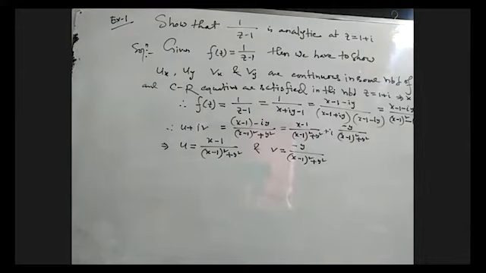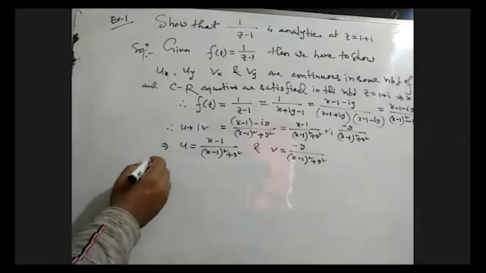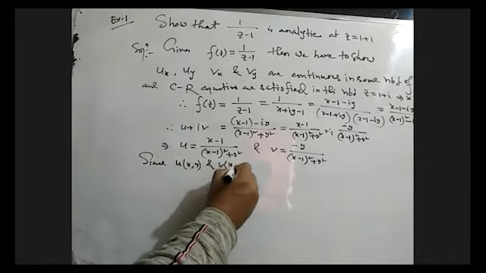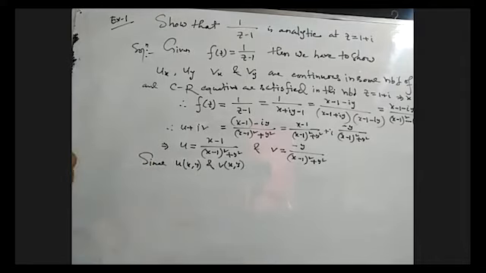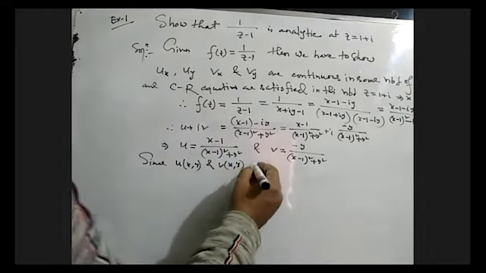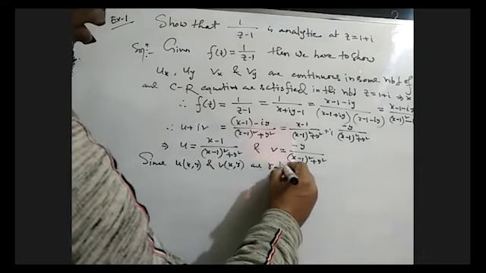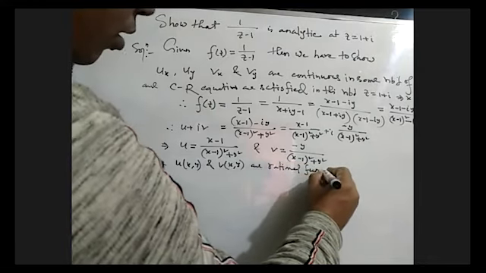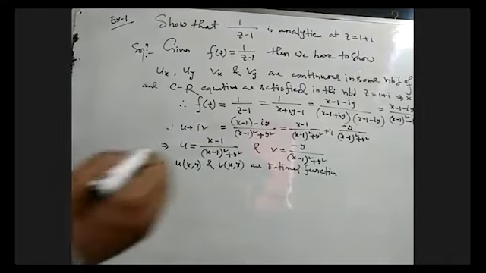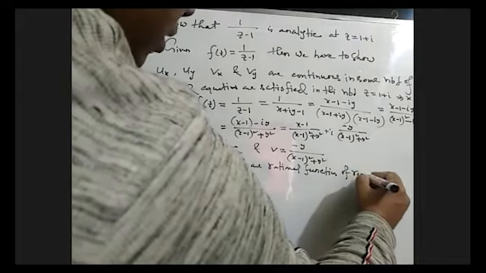Since u and v are functions of x and y, they are rational functions, this is a p by q type function. Okay, u and v are rational functions of real variables x and y.